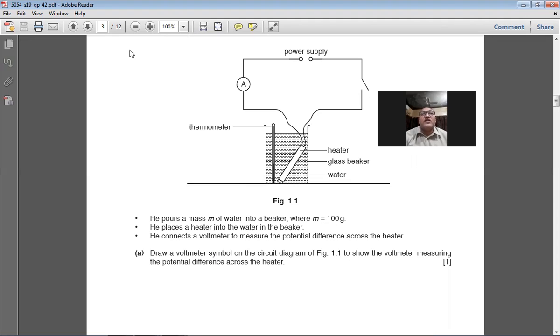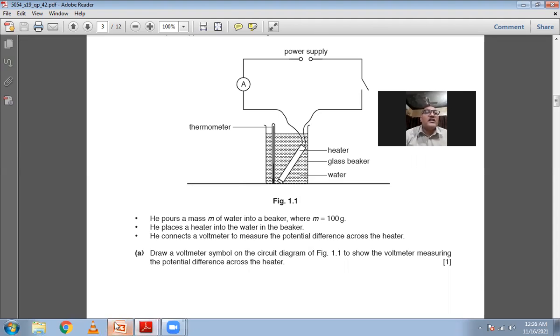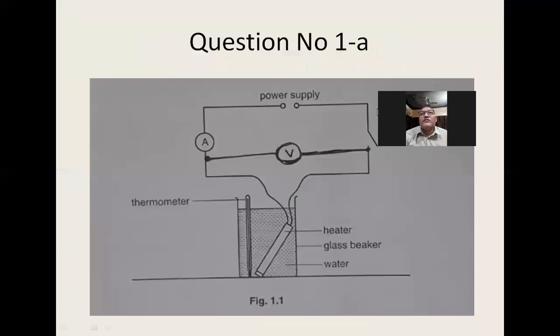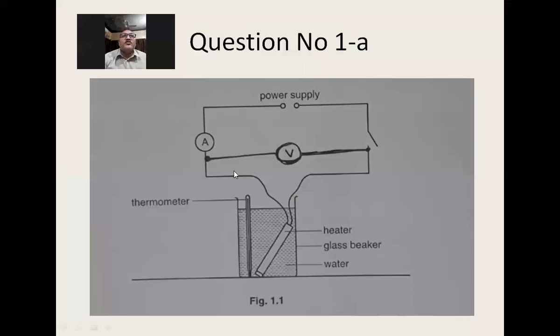So let me show you how this is done. So this is how you will show your voltmeter. You can see that the voltmeter is connected parallel to the heater. So this is how you will show it.